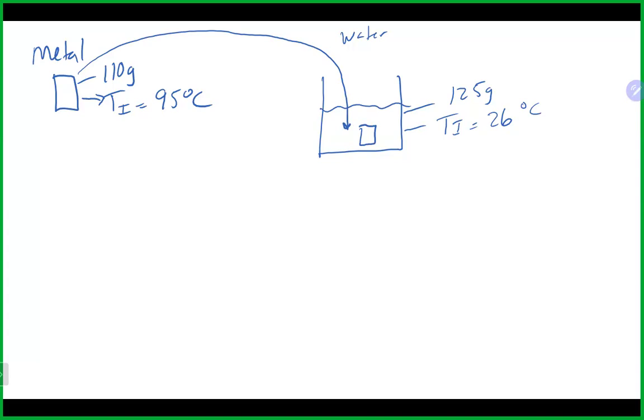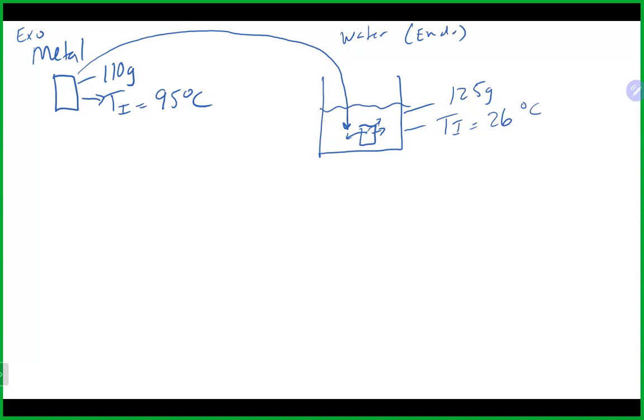So for the metal, it is exothermic, it's going to release that energy. For the water, it's endothermic here. The idea is we're not going to lose any heat or energy anywhere. We're going to have a nice, complete transfer of energy from the hot piece of metal to our water in this case.